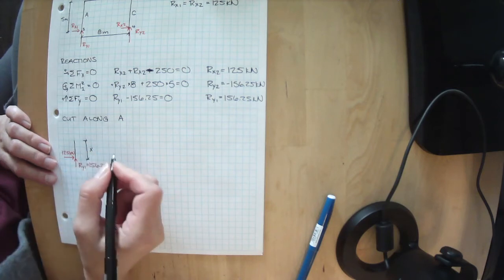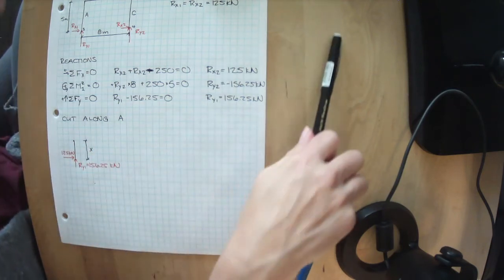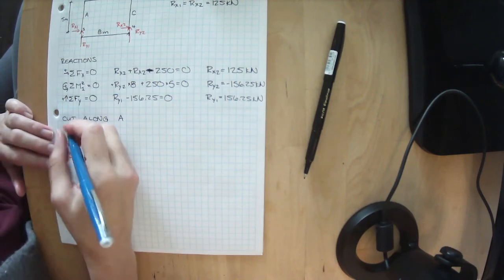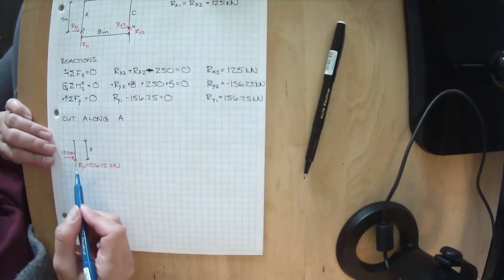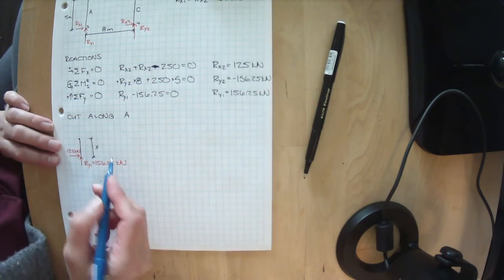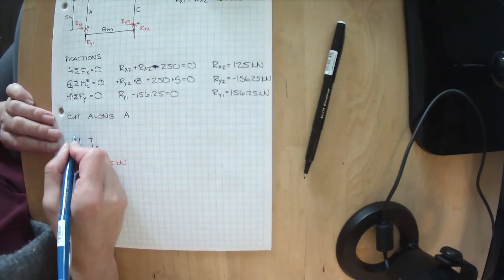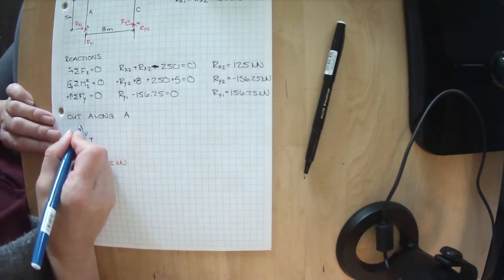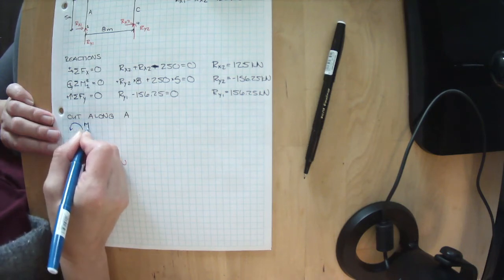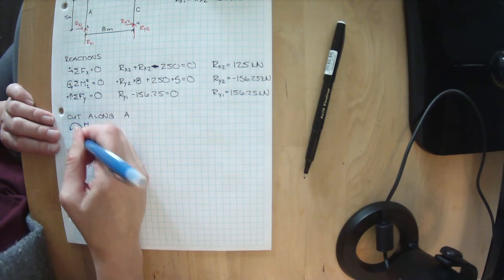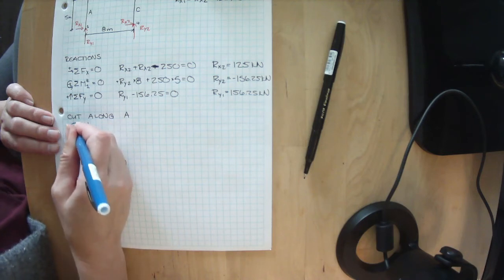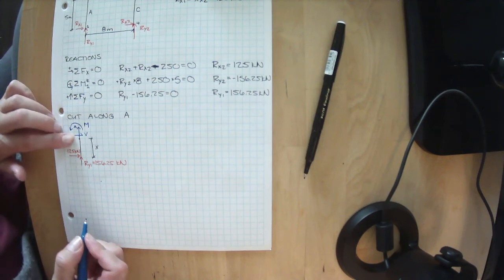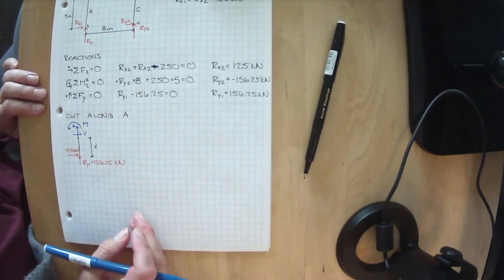We're cutting x distance away, and we have unknown internal loads. We also now have an unknown internal axial load. So we have an unknown shear, we have an unknown moment, but we also have an unknown internal axial load, A. I'm going to draw it in tension because I don't know if it's in tension or compression.